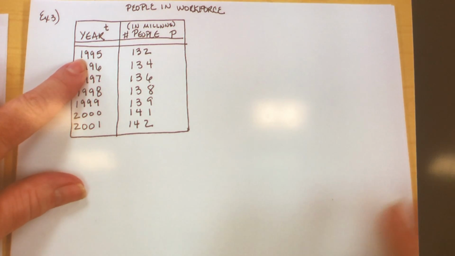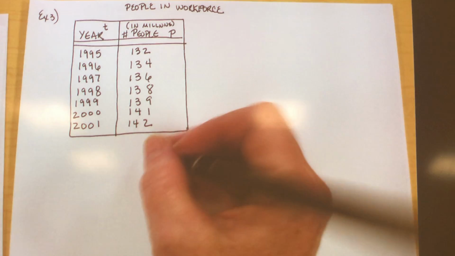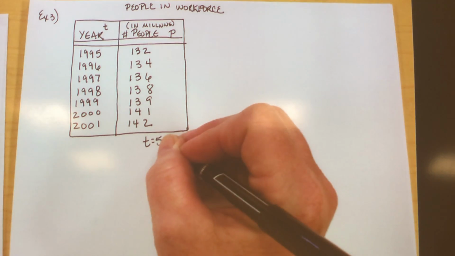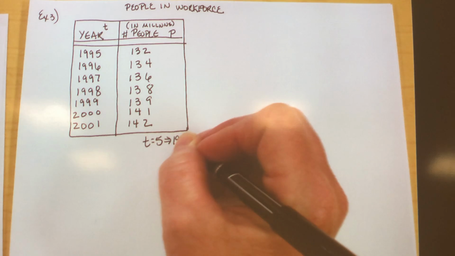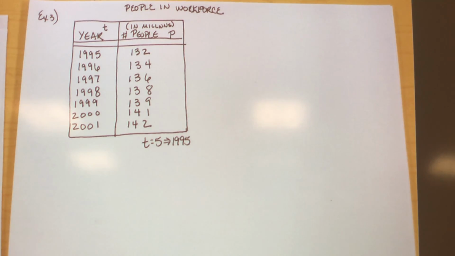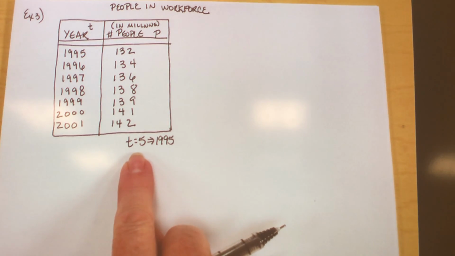If you chose to use 95, then you would need to tell me that. It's not going to change the slope of the line, but it will change the y-intercept of your line. But they put a stipulation on this one. They said, let t equal 5 represent 1995. So they put this stipulation in the problem.